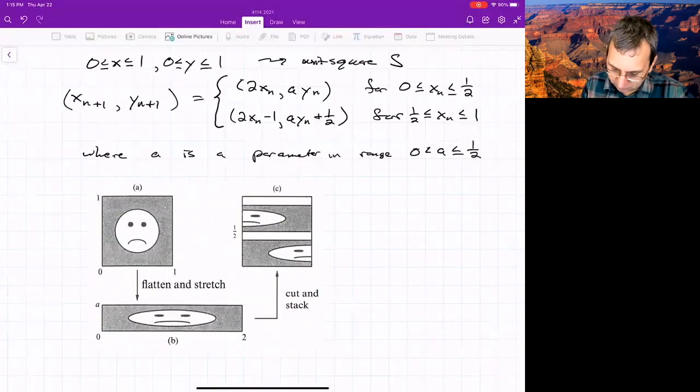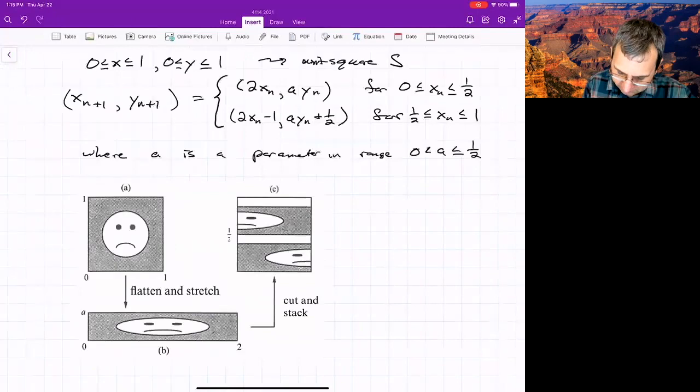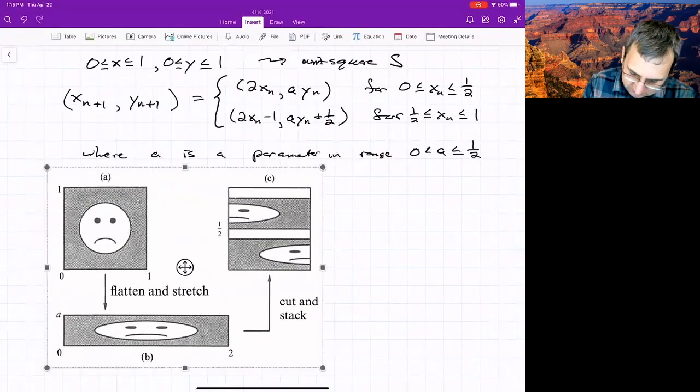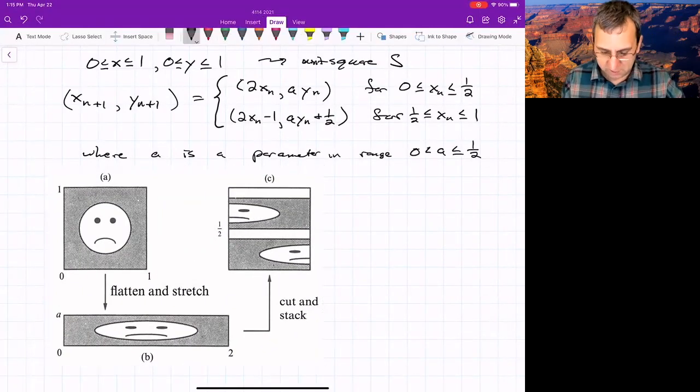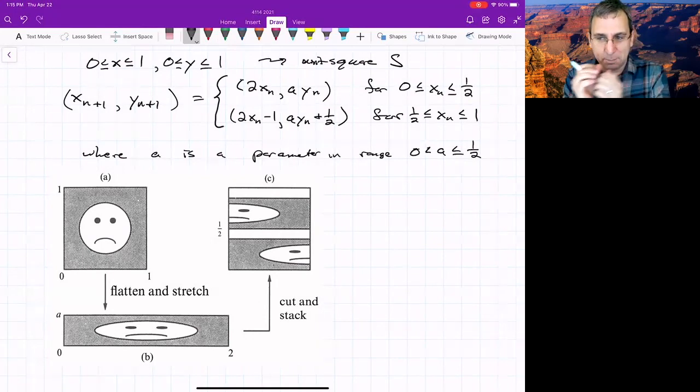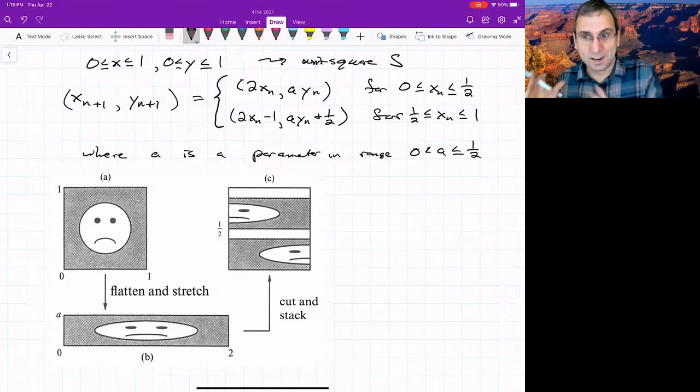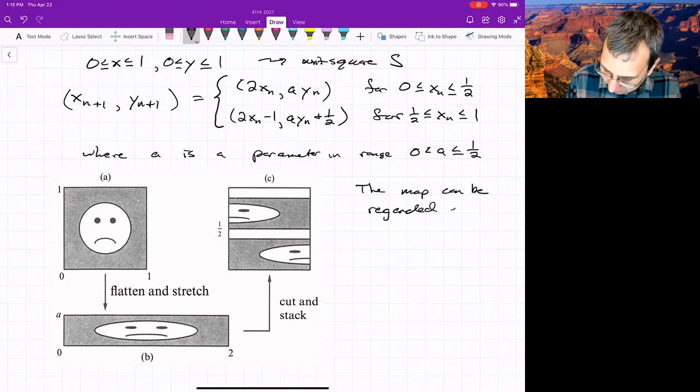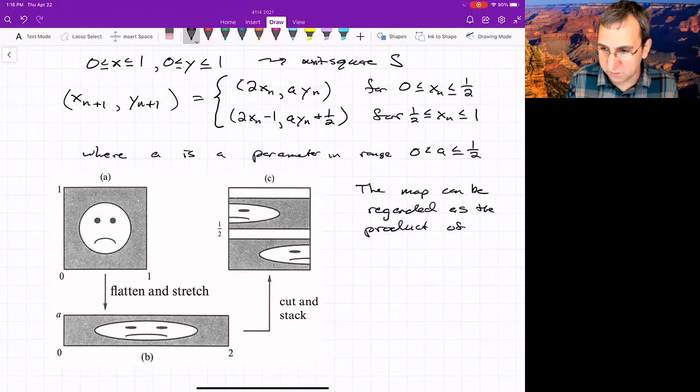To help figure out what's going on, we put this, well, it's a sad face because he's being chopped up. But we first flatten and stretch and then re-inject, right? And we re-inject so that the left half becomes now the bottom half, and the right half becomes the top half.